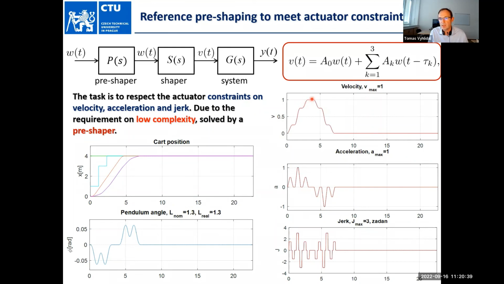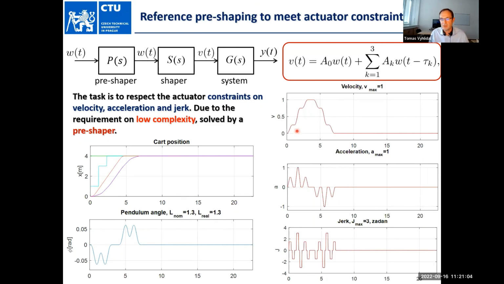So we have constraints on velocity, acceleration, and also jerk. What we did is that we used a classical extra insensitive shaper, which would actually provide impulse-like or stepwise functions.